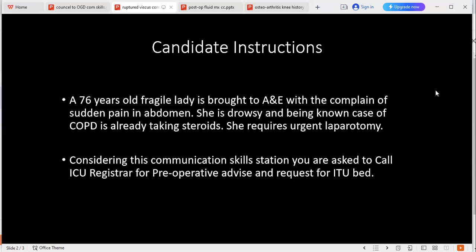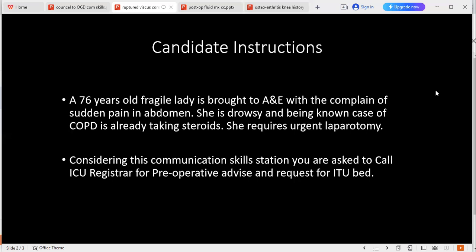She presented with sudden abdominal pain, and on examination she has a hard abdomen with borderline rigidity. Then we did investigations for her, which show that she has acute renal failure and hypokalemia.